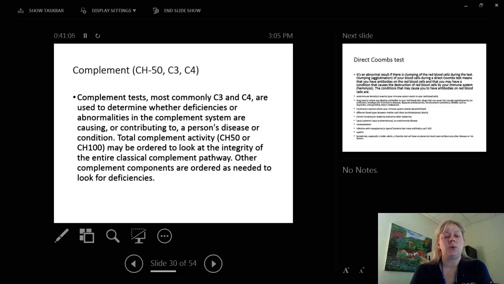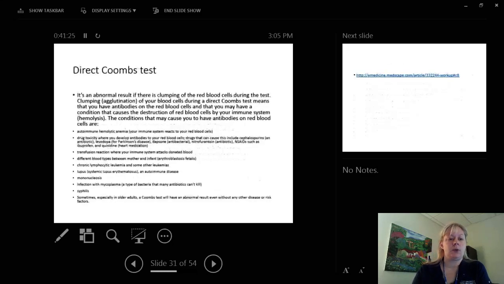It's used to determine whether deficiencies or abnormalities in the complement system are causing or contributing to a person's disease or condition. A total complement, which was seen a couple slides back, may be ordered to look at the integrity of the entire complement pathway. And then there's the Coombs test.